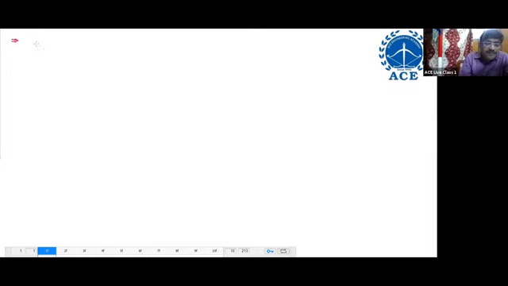The unit step response of a unity feedback system is shown in figure.